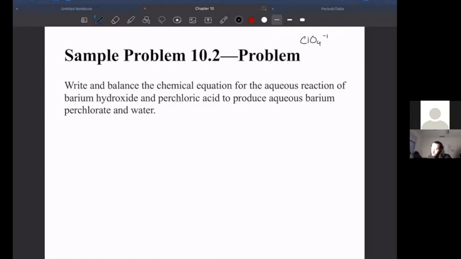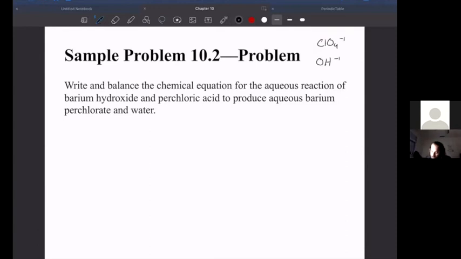Assuming that we knew what everything was, you want to be able to translate these written statements into chemical equations. So barium hydroxide. So first, okay, perchlorate you wouldn't know necessarily because I told you didn't have to memorize it, but hydroxide you would know. That is one of the ones that I told you should have memorized.